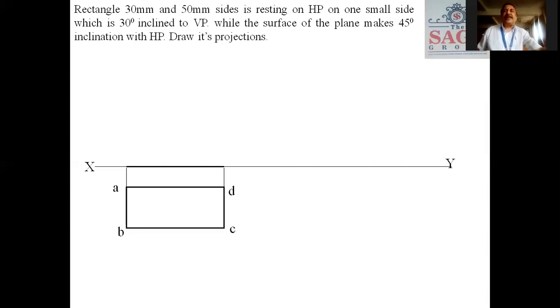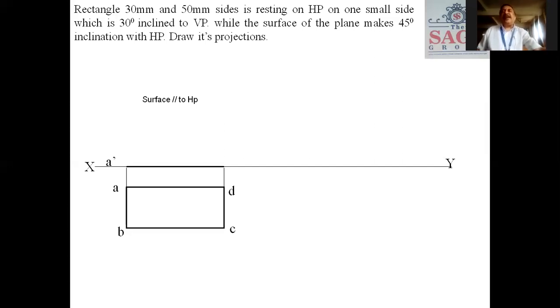Means when we draw the true shape, in the next view it will be seen as a line, a trace. Why? Because this is our position parallel to HP and perpendicular to VP.